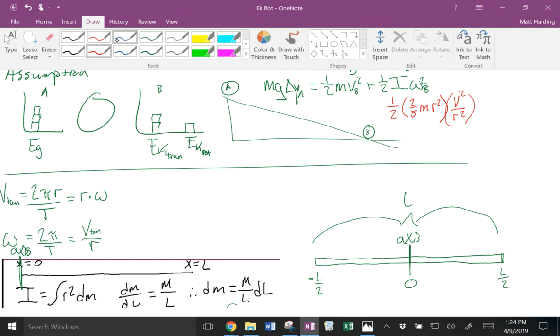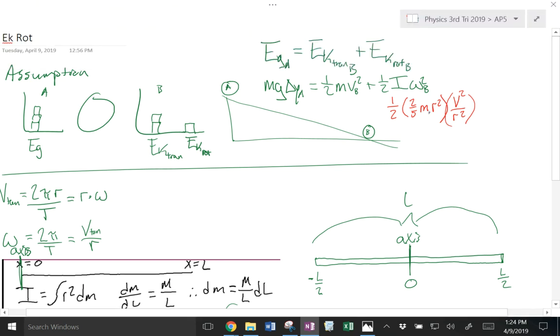So some nice things are going to start to happen. Now I can get rid of r squared, and this becomes 1/2 of 2/5 m v squared. Who's got a calculator? What's 1/2 of 2/5? 1/5. Okay, cool. So up here, this is going to be 1/2 m v squared plus 1/5 m v squared. So that's where this came from.